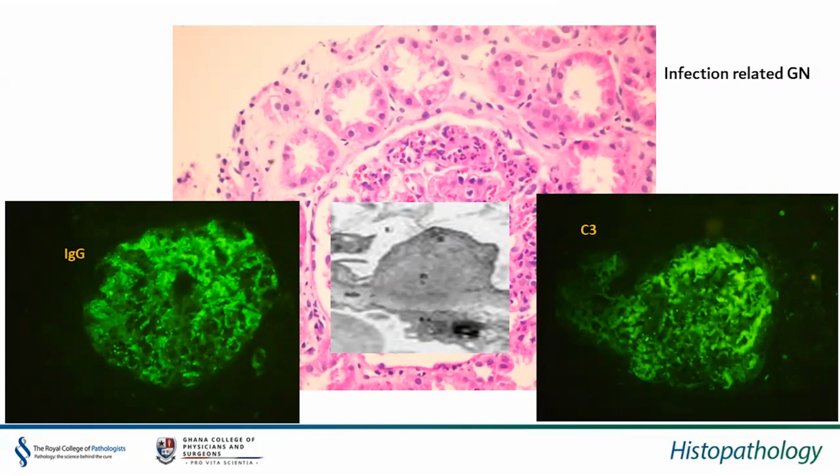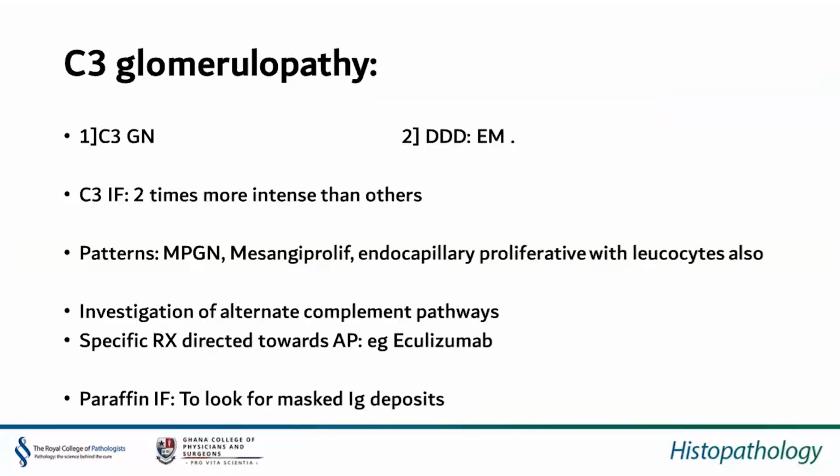The C3 levels which have gone down start normalizing, the urine picture starts improving, and a biopsy is not required. But if the clinical course is atypical, that is when you have to do a biopsy in order to confirm whether it is an infection-related glomerulonephritis or whether it is something else.